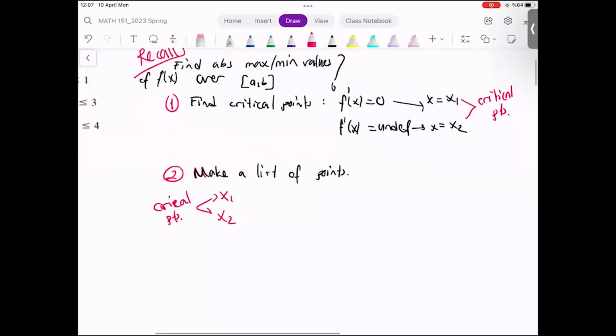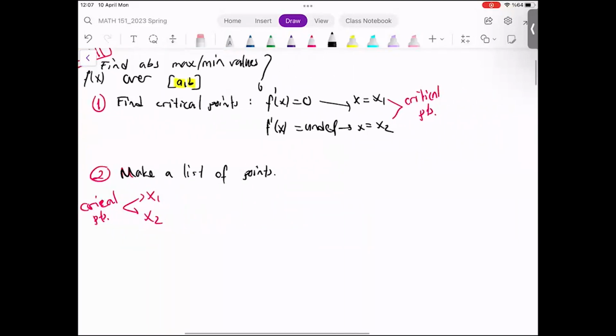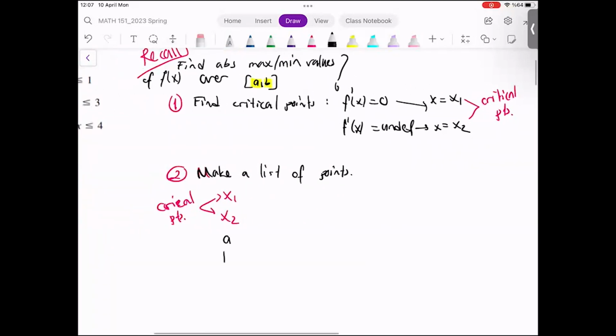And then you will also add to your list the endpoints of your interval, A and B. They are coming from endpoints. And at all those points, you will evaluate your function. You will look at the images: f of x1, f of x2, f of A, and f of B.